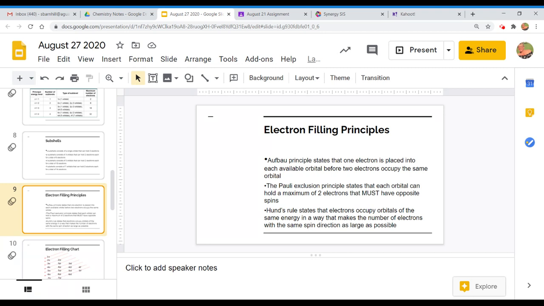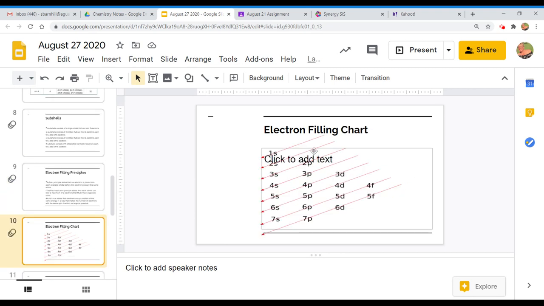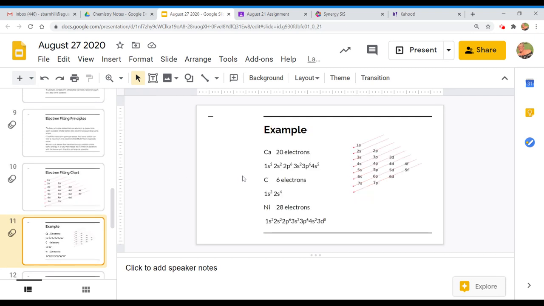We have to know how many electrons are present in an atom before we can go forth. All right, then we're going to use this electron filling chart to guide us, and I'm going to go ahead on this example.